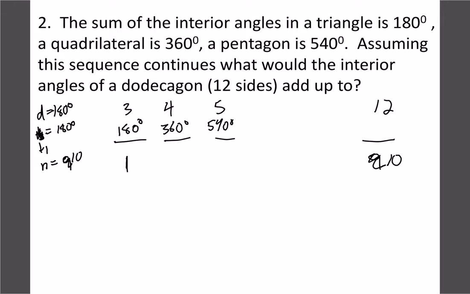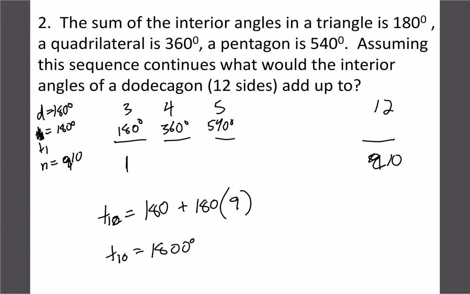We can solve it for term 10, and term 1 was 180. Our difference was 180, and 10 minus 1 would be 9. So 180 times 9 plus 180 gives us 1800 degrees. So that should be what a 12-sided shape adds up to.